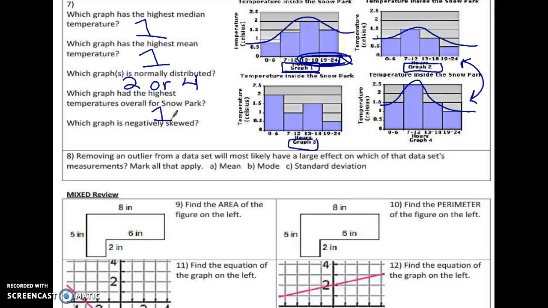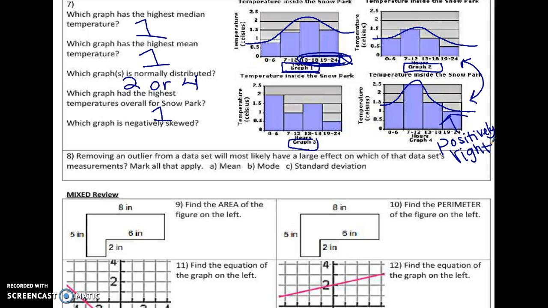Which graph is negatively skewed? So again, we're looking at the tail ends. So when we're looking at this one, we could say that that's positively skewed or right skewed, because we look at the tail.